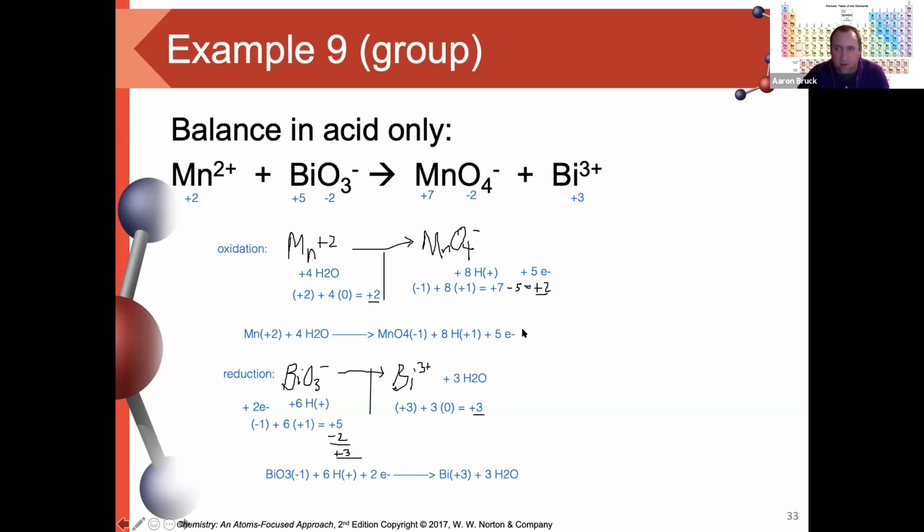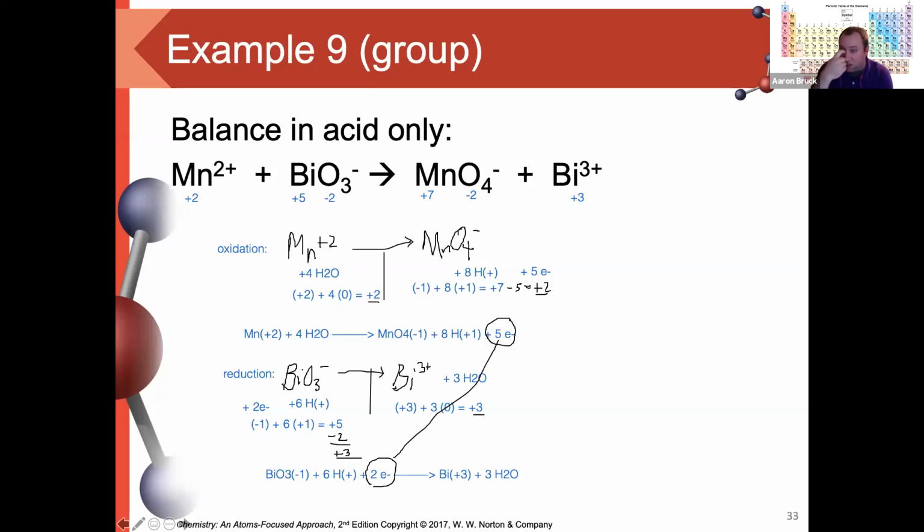The next step is we have to evaluate the number of electrons that are leaving the manganese versus the number of electrons that are coming into the bismuth. And we can see that the 2 are not equal. 5 are being deposited by the manganese, 2 are being turned into the bismuth, and so we need to equal it out so that just as many are leaving as are coming in.